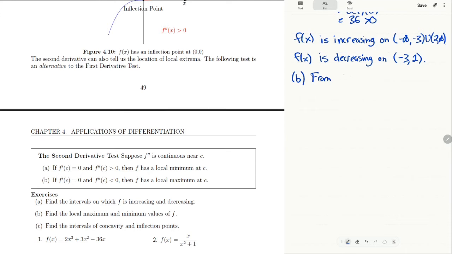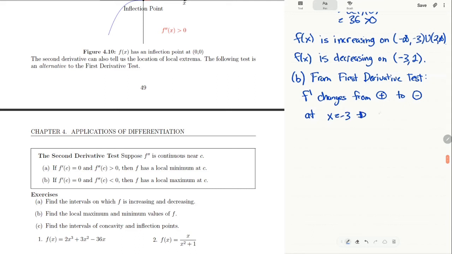So from the first derivative test, we know that f prime changes from positive to negative at negative 3.